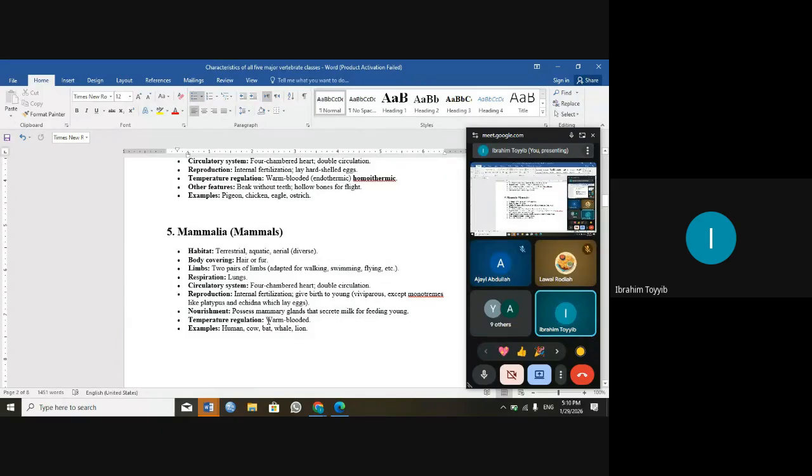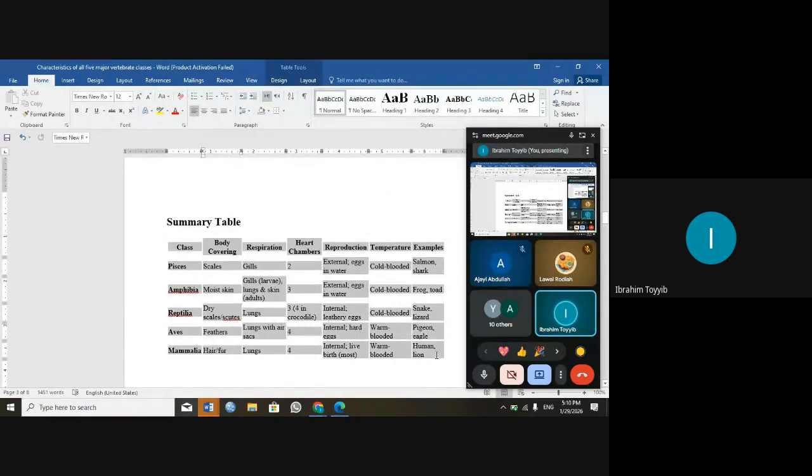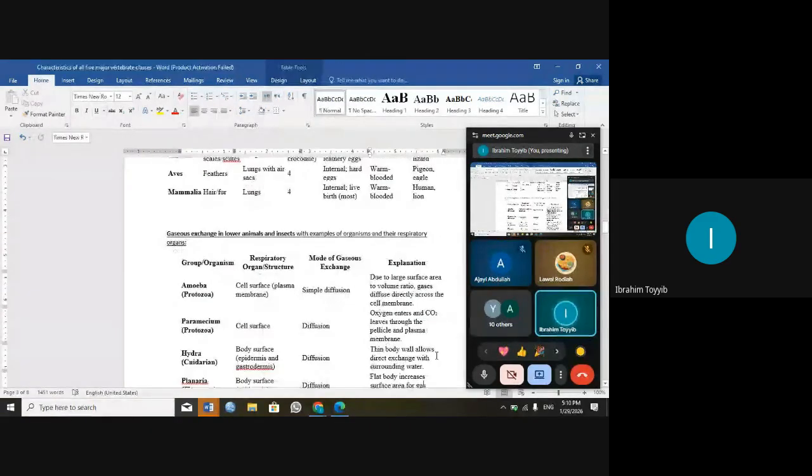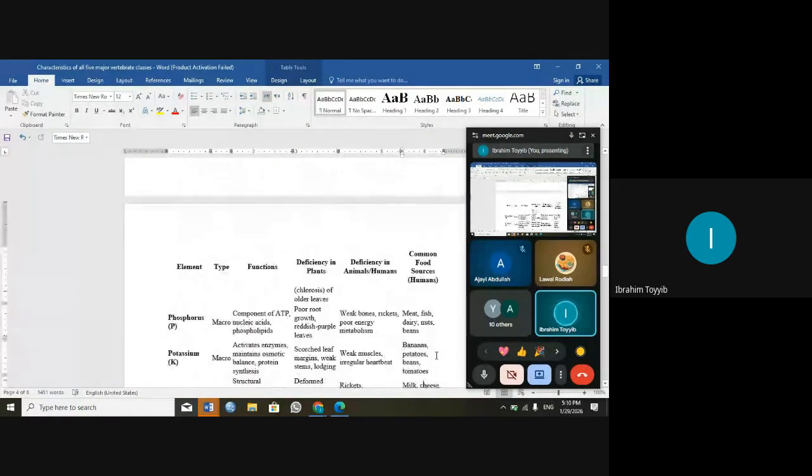Class Mammalia are warm-blooded. Examples: human, cow, bat. Bat is a mammal. Whale is also a mammal. Lion, like that. So this is the summary of the classes under vertebrates. I think we are stopping there.